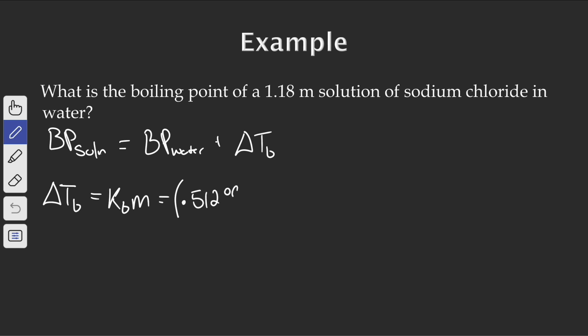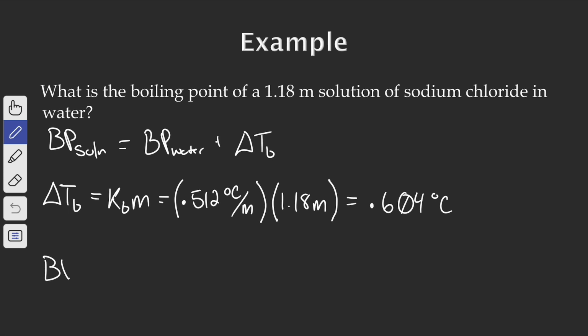Well, the boiling point constant for water is 0.512 degrees Celsius per molal. And they told us our concentration was 1.18 molal. And so we get a change in boiling point of 0.604 degrees Celsius.